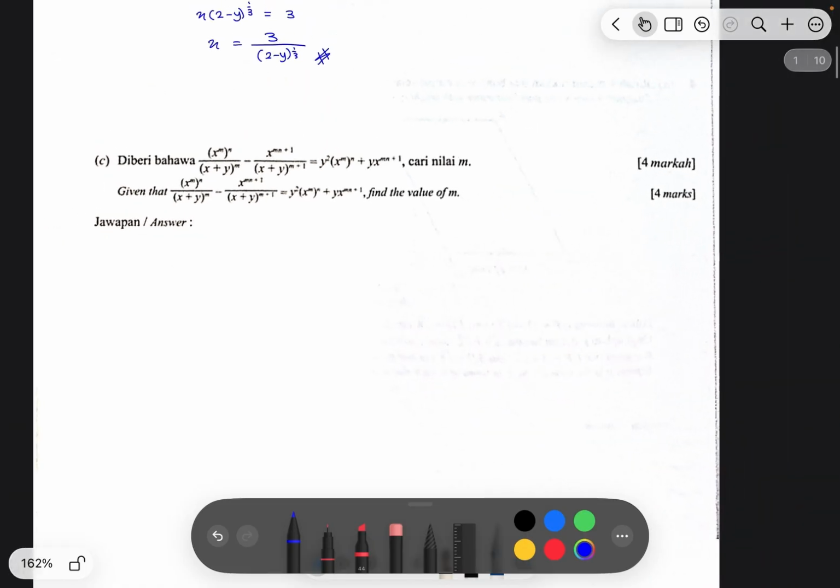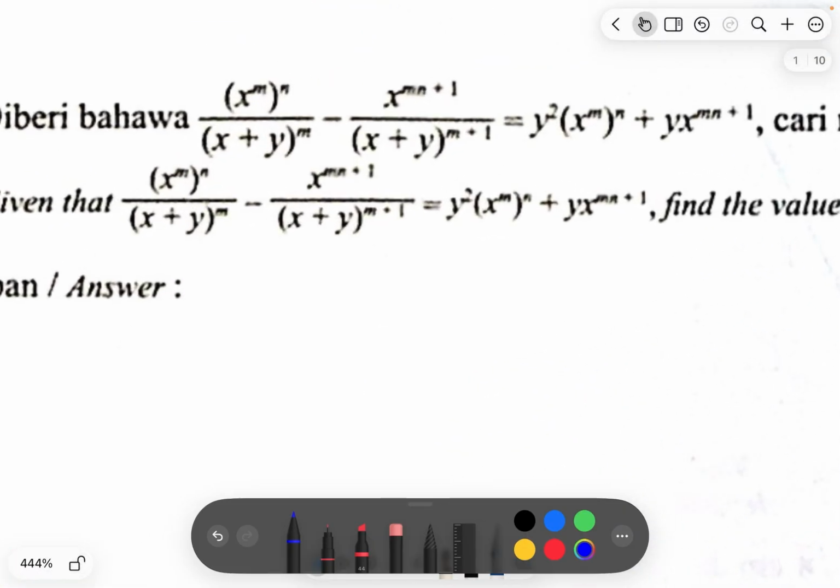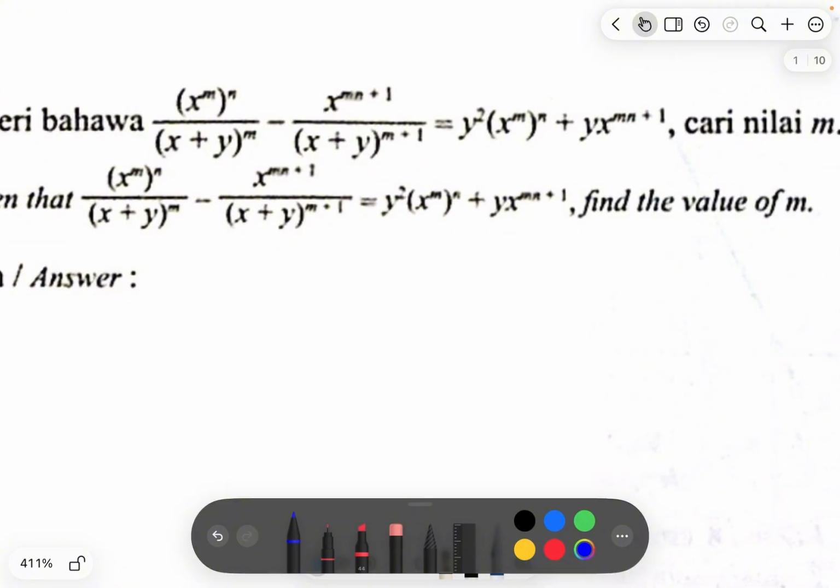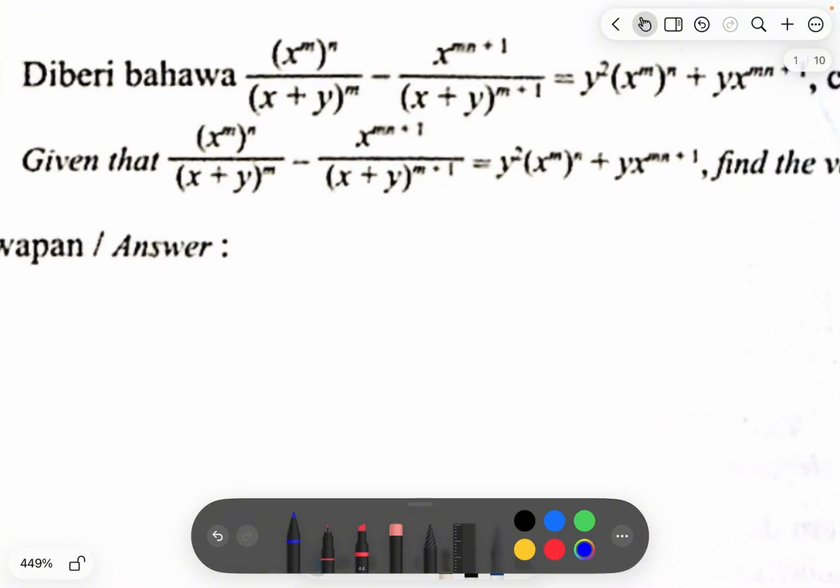Given that x power mn is equal to x plus y, okay, this is very blurry, but I'll rewrite the question.